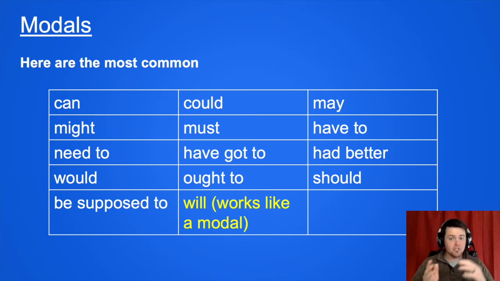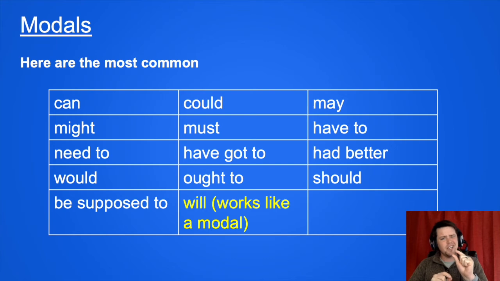It's not must to go, it's must go. But ought to has the word to. So we say ought to go. Make sure that when you are using the modals, if the modal doesn't have to, then don't use a to. If it does, make sure you do.